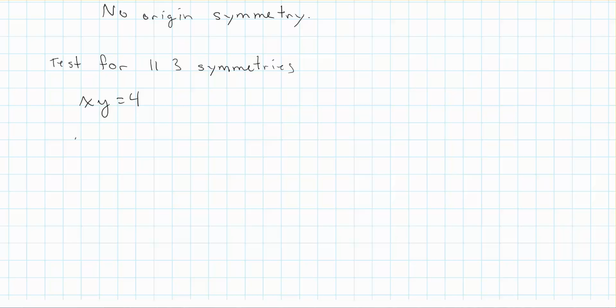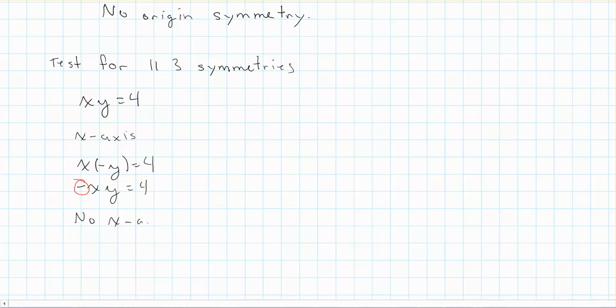Let's go ahead and first do x-axis. So what do we do for x-axis? We substitute negative y in. So I have x times negative y equals 4, which of course is negative xy equals 4. And I'll just circle it here. I've got a negative sitting out there now, which of course means it's not exactly the same. So this is no x-axis symmetry.